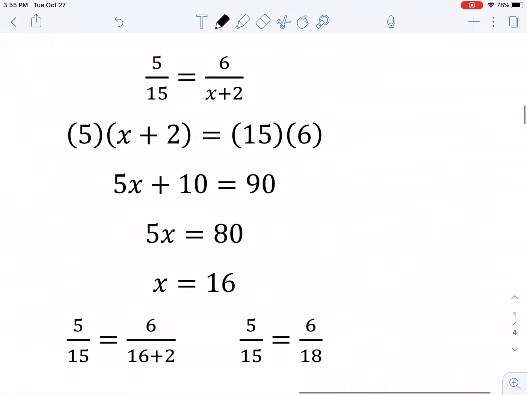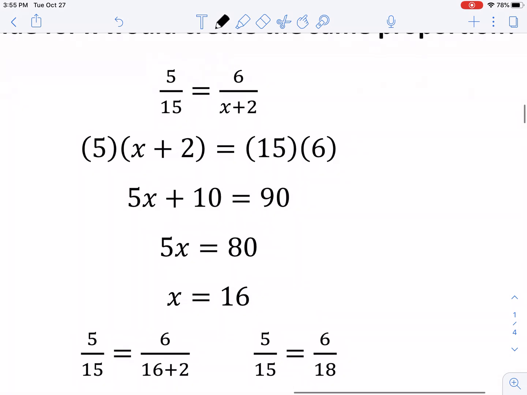Same thing with this example here. If we're trying to solve for x, we can cross multiply 5 times x plus 2. Now, this is going to be times the whole thing, so we can think of it in terms of parentheses. 5 times (x plus 2), the whole thing, is equal to 15 times 6.